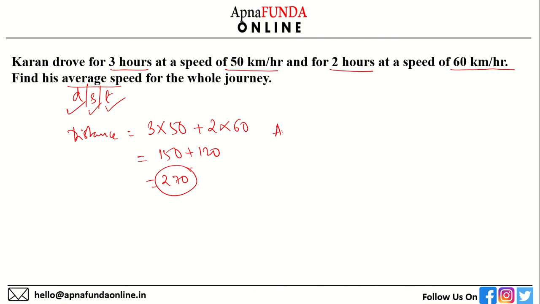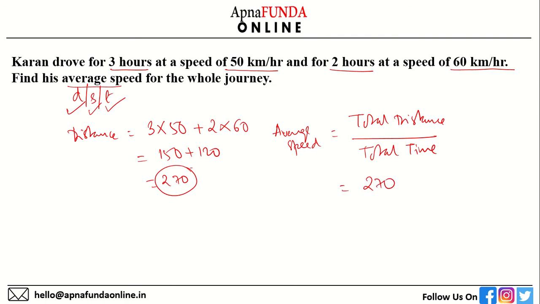So my average speed equals total distance by total time. My total distance is 270. My total time is 3 hours first and then 2 hours. So 270 divided by 5. My answer is 54. I hope you also get the average speed of the whole journey as 54. Simple question, easy to understand.